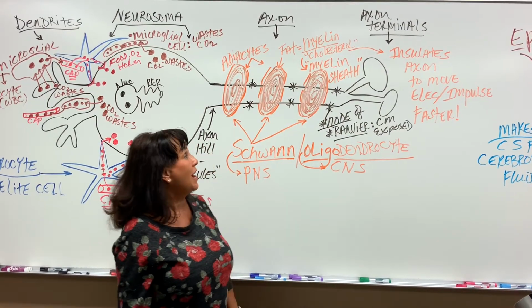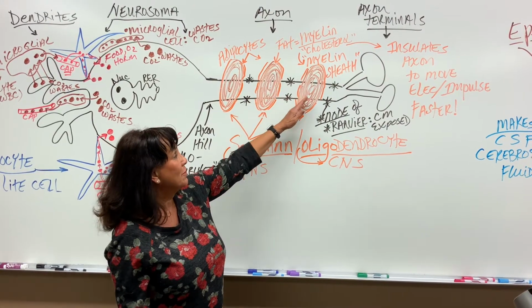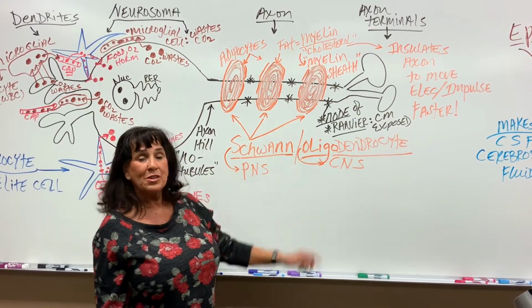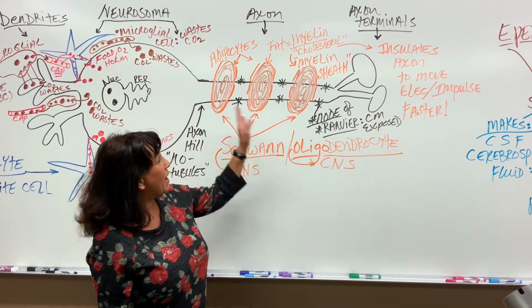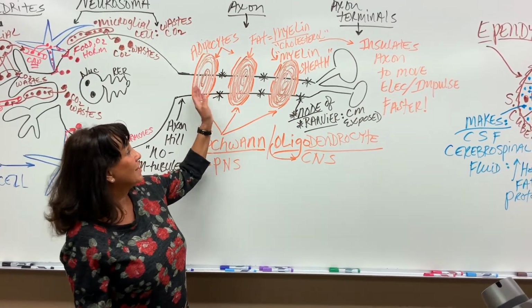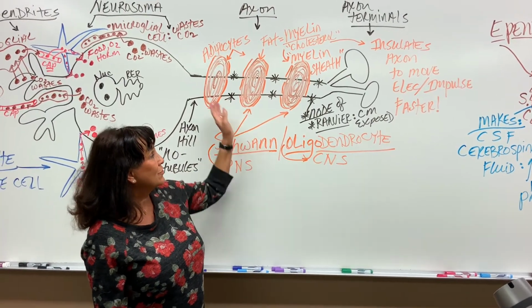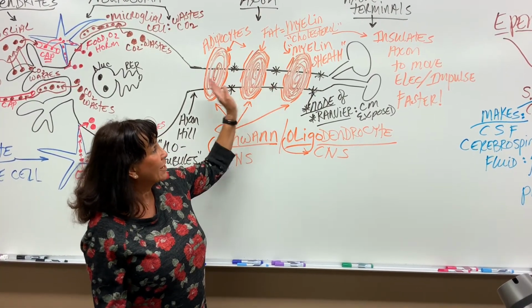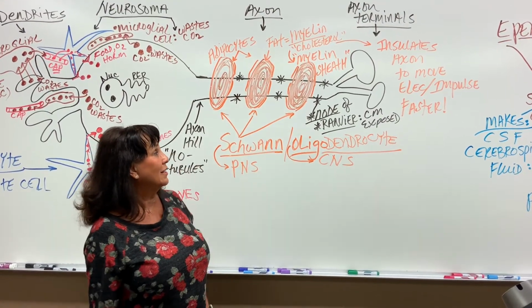Many of these fat cells hooked together on the axon are sometimes called the myelin sheath. I'm not going to use that term, but that's what they're referring to: many adipocytes or Schwann cells on the axon creating a myelin sheath. So it's sort of like a blanket over the axon.